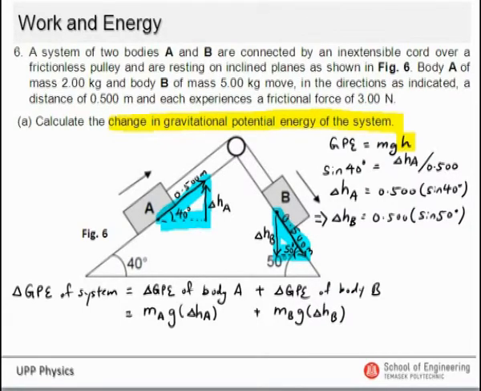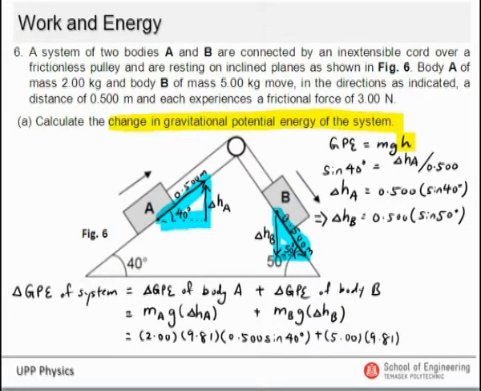Now let's substitute all the values that we know. The mass of body A is 2 kg. g we will take as 9.81. Change in height of A, let's substitute in 0.500 sine 40 degrees. For B, it will be 5 kg, 9.81.